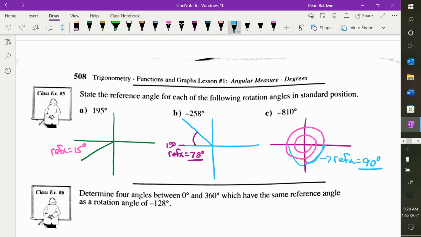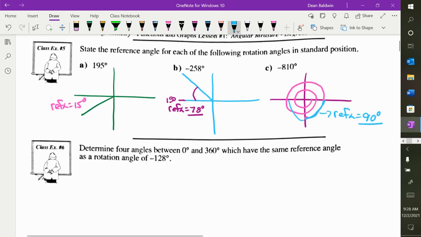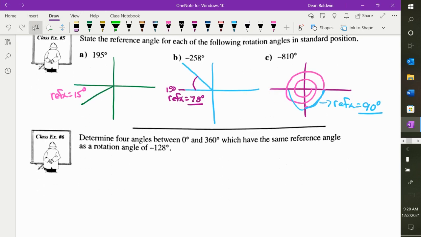You just say the reference angle is 90. Your choice, Dante. Do you go right or do you go left? I say right. Okay, that'd be wrong, but that's okay. Is everybody okay with that?